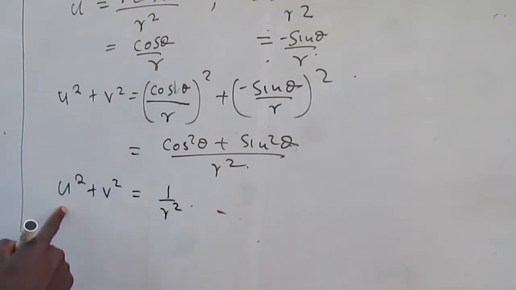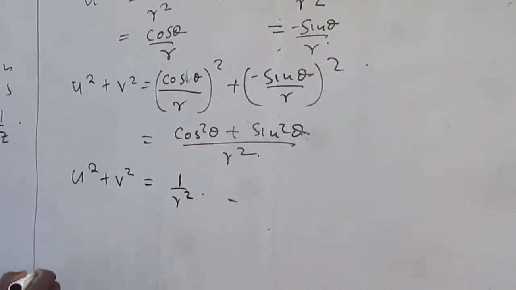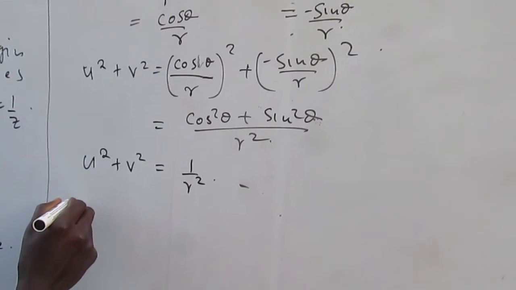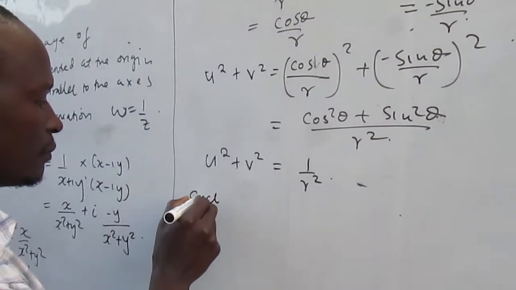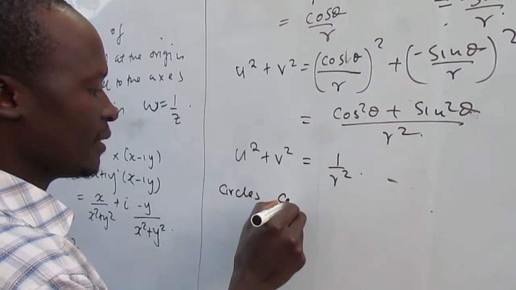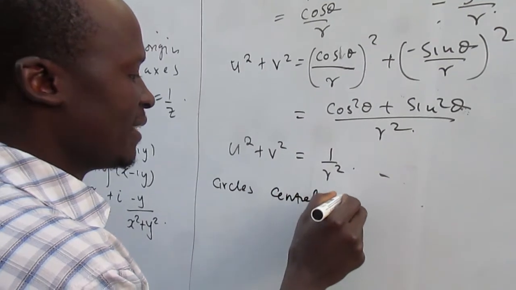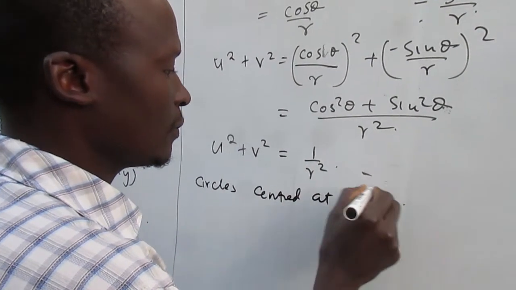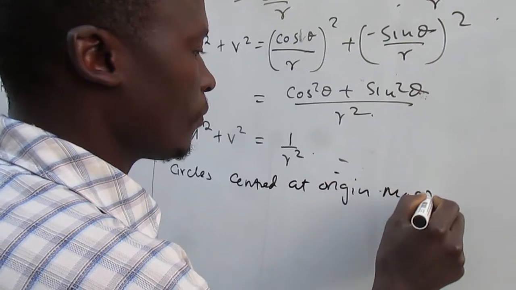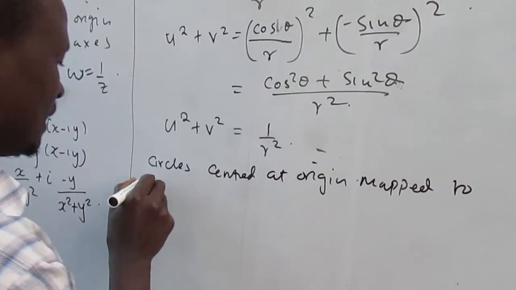And so once again, this is a circle centered at the origin, so we can say that circles centered at the origin are mapped to circles centered at the origin.